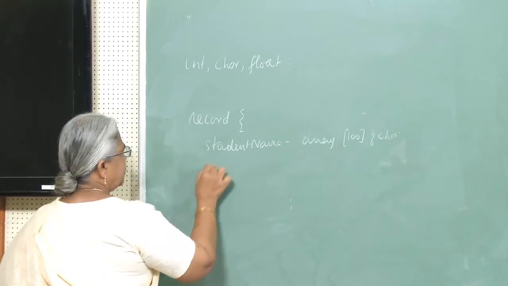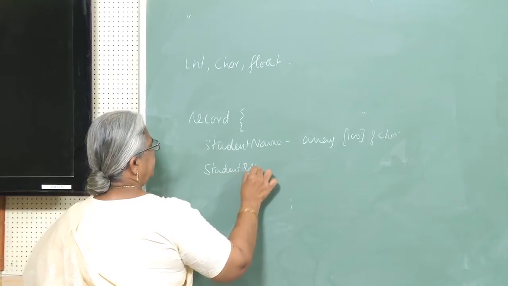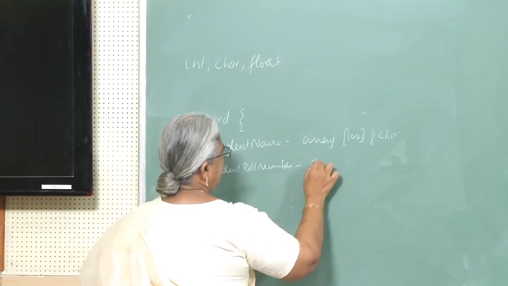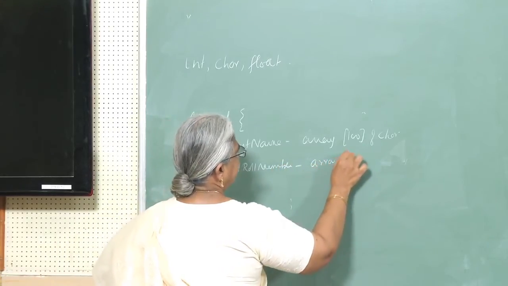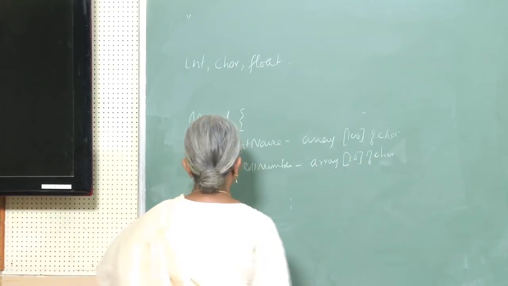Then I might say student roll number, which can again be an array of let us say 10 characters. This is basically your ID.